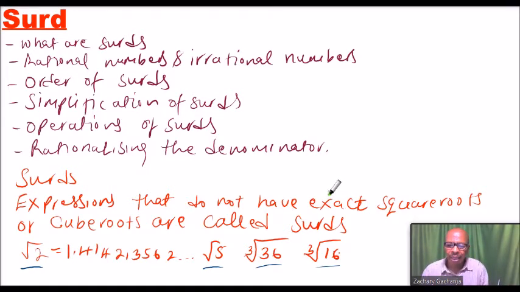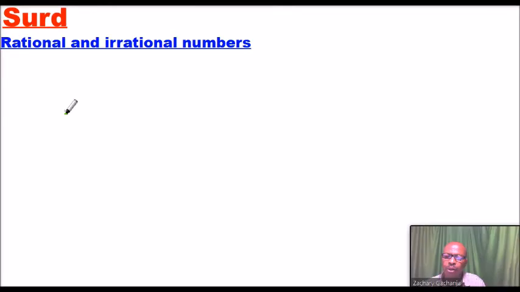So let's look at the next thing. Here we look at rational and irrational numbers. So we start with rational numbers. Rational numbers are those numbers which you can write in the form of P over Q, where Q is not equal to 0, because when the denominator is 0, we say that the fraction is undefined, or it is infinity.